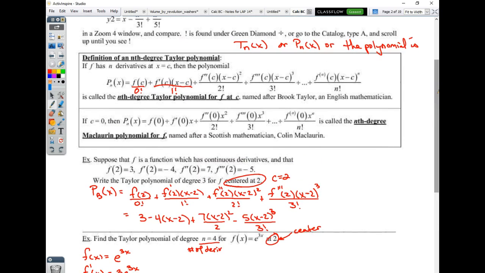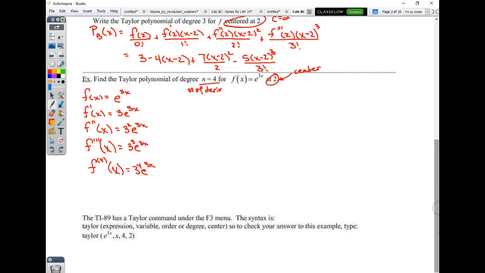And then if you look, it doesn't say f of x, f prime of x, f double prime of x, f triple prime of x, f fourth derivative of x. It wants each of those evaluated at c. So now I need to find out what is f of 2, f prime of 2, f double prime of 2, f triple prime of 2, fourth derivative of 2.